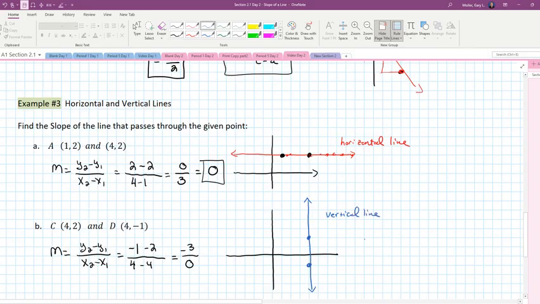Now, this does not equal 0, because if it equals 0, we just talked about that makes it a horizontal line, but this is a vertical line. This is saying that to get from this point to this point, I go down 3 and I go over nothing. The issue is, and this is something we'll be continuing to drum into your head over the years, that you cannot divide by 0.